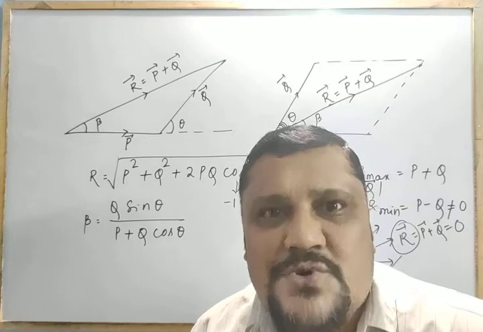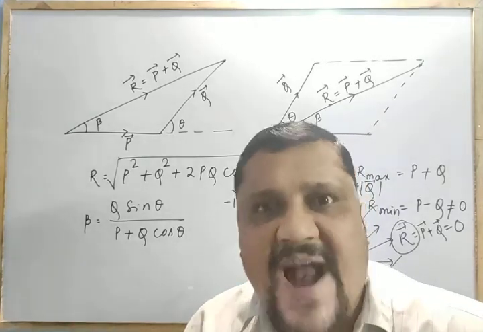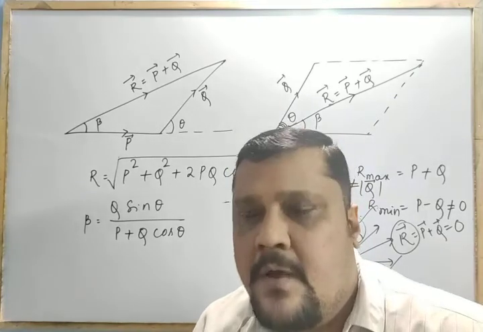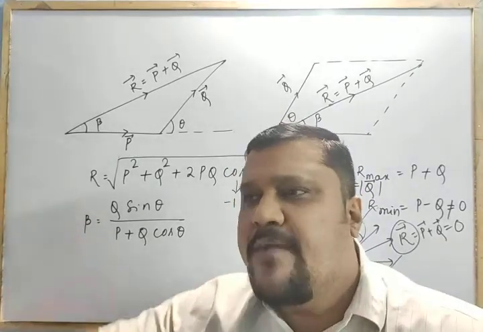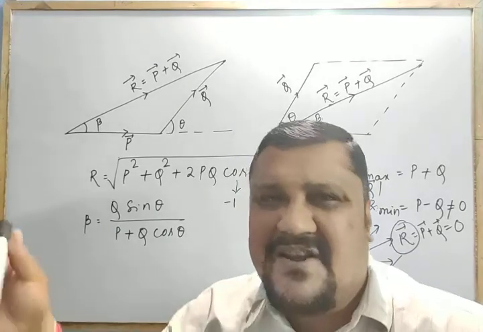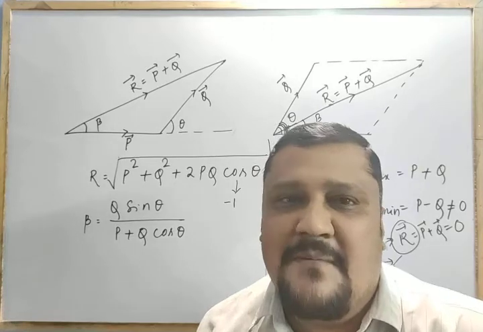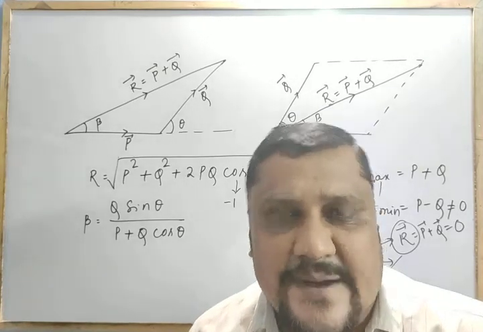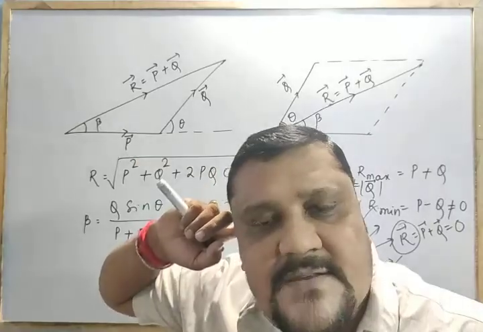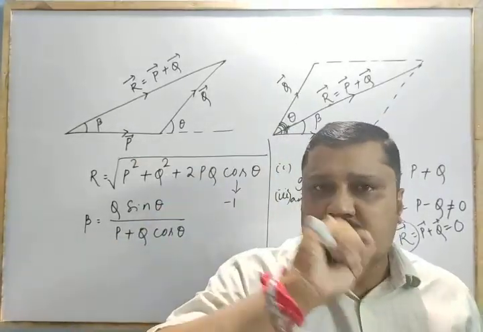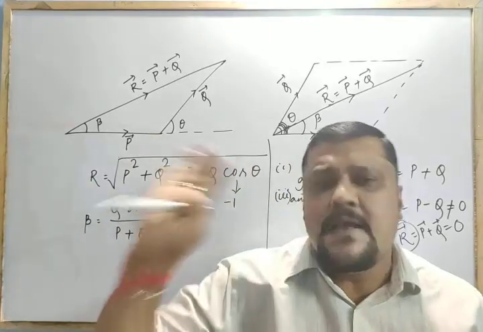The polygon law is used to find the resultant if more than 2 vectors are acting on a body simultaneously. Clear? Now this law must contain more than 2 vectors acting on the body.